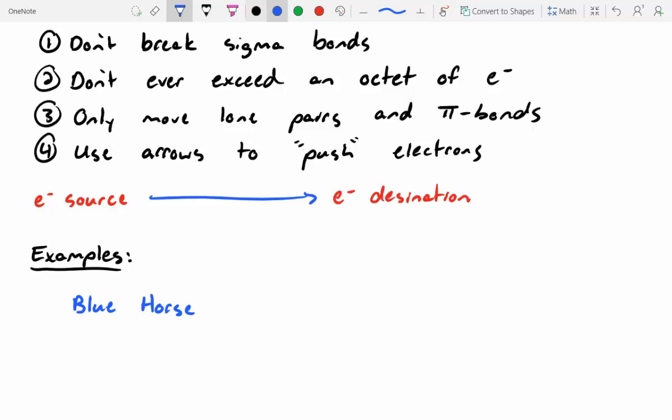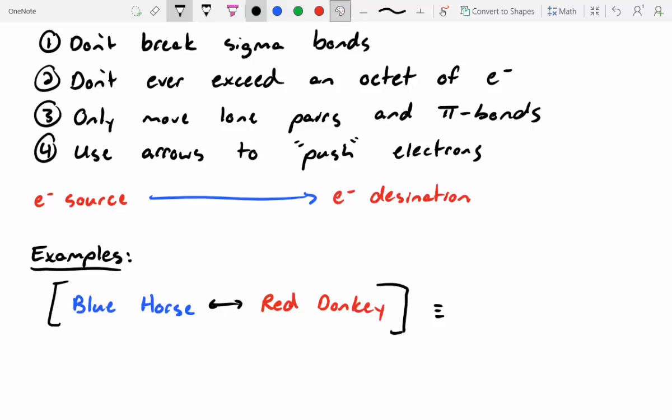We've got a blue horse, that's one resonance structure, and we've got a red donkey, that's the other resonance structure. We'll bracket these together, and then oftentimes I like to draw the hybrid structure. So it's not that resonance structures are constantly flipping back and forth. It's that they're more an average or a hybrid of the two. So what would the hybrid be if we mixed a blue horse and a red donkey? Purple. A purple mule, exactly.